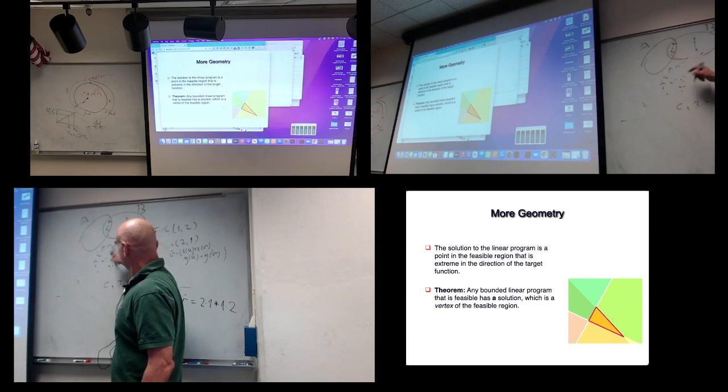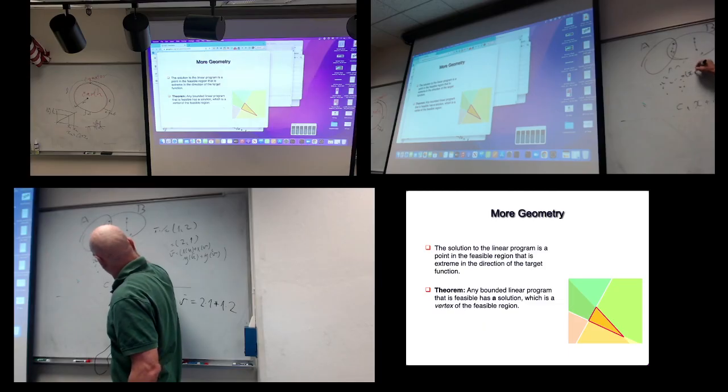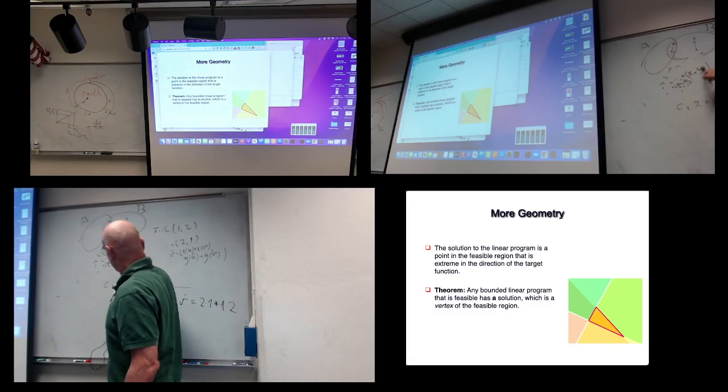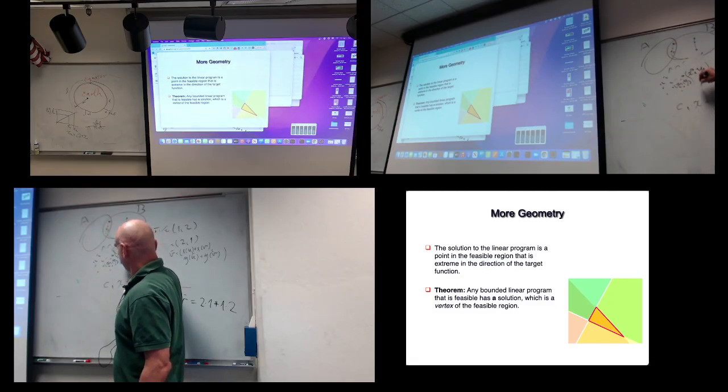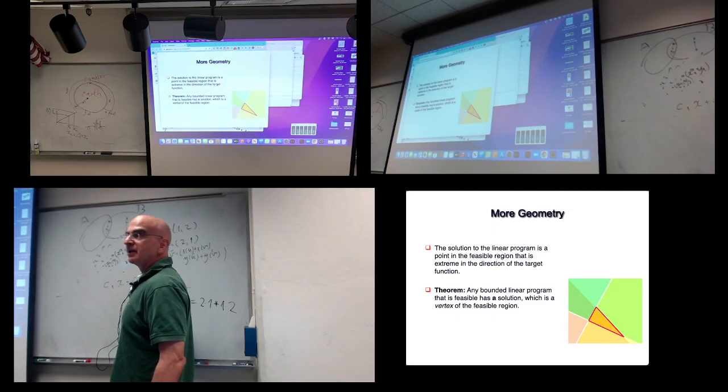Will it be x1, y1? Will it be x3, y3? Which one of all the points in this whole set, when I put it here and here, gives the minimum value? Any ideas?